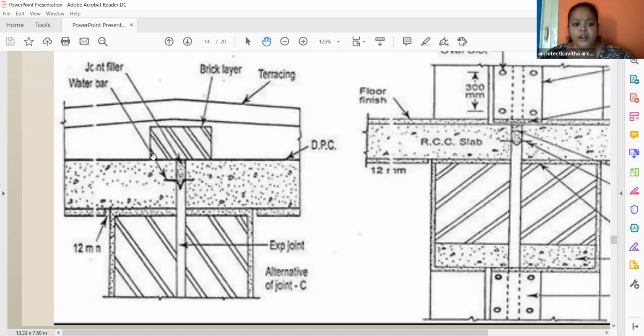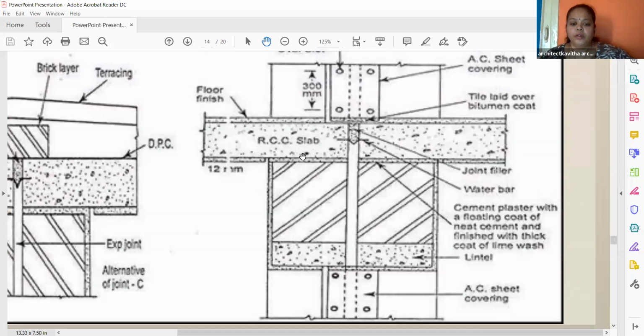And here if you want, you can have a brick layer. If this is your terrace, in the terrace portion you can have a brick layer, so that even more the water will not go inside, and still you have to provide DPC and terracing. And this is at the floor levels, where you have continuous floors, your RCC slab, and this is your wall, your lintel.